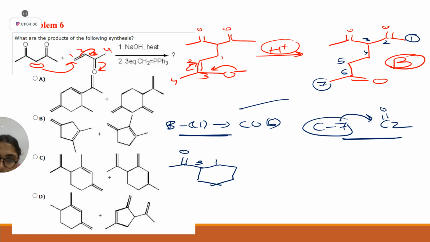Carbon number 6 has one methyl group and one O negative. Clear? This is your carbon number 1. Is this product clear, students? Yes, ma'am. Now it will be protonated and after that dehydration. I am writing this step directly.